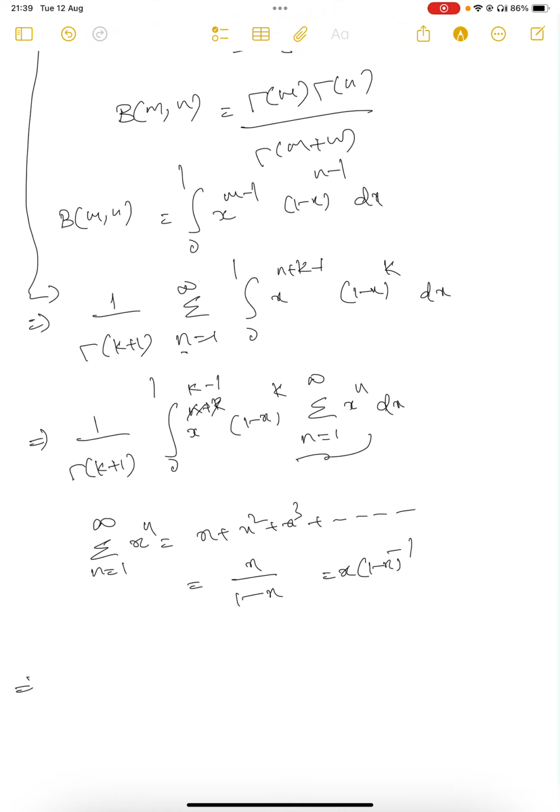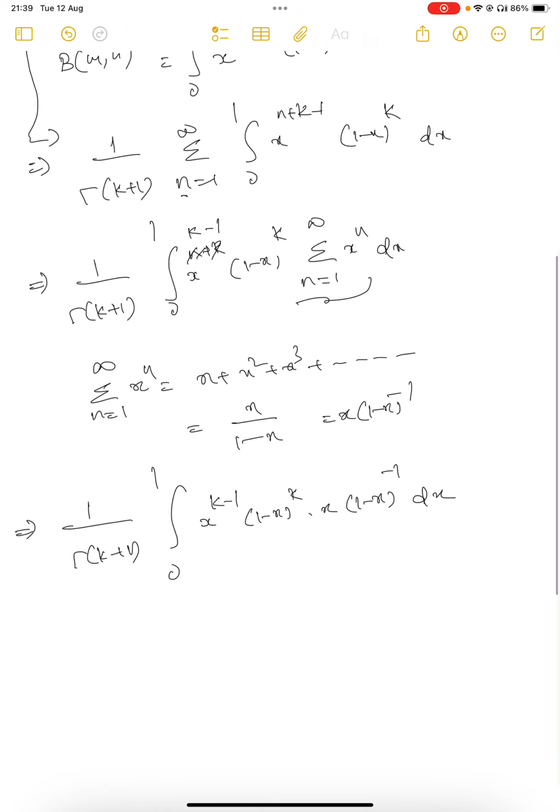So substitute it: 1 by gamma of k plus 1 integral 0 to 1 x power k minus 1, 1 minus x whole power k, times x into 1 minus x whole power minus 1 dx, right?